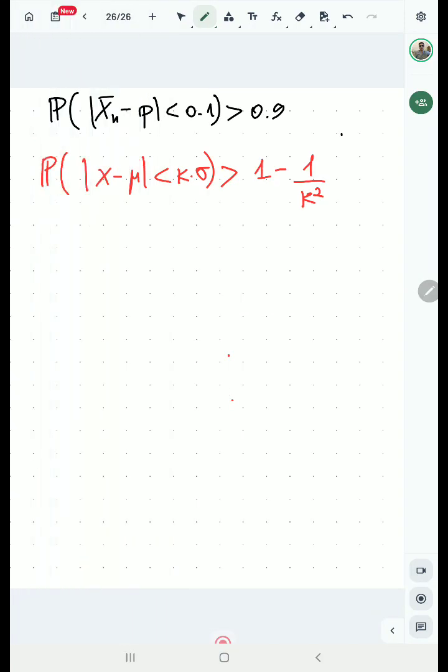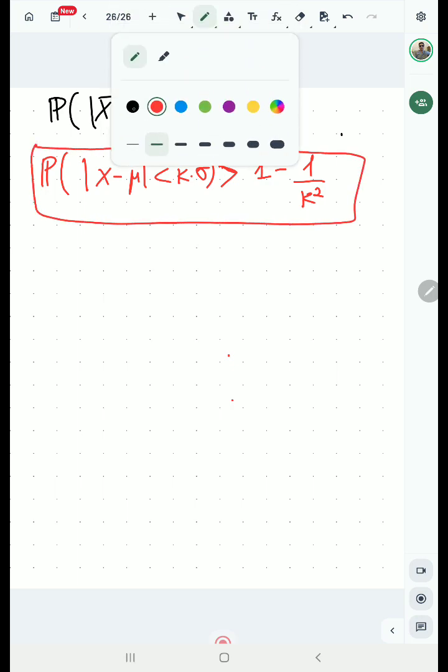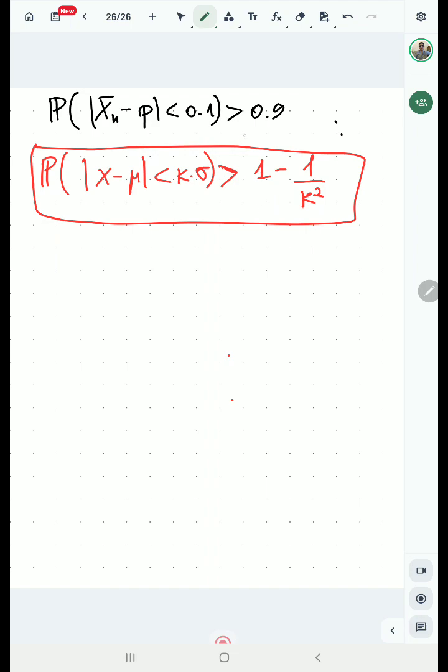Okay, so here, this is the general formula, but what we see here is that 0.9 corresponds to 1 minus 1 over k squared, and k sigma corresponds to 0.1.